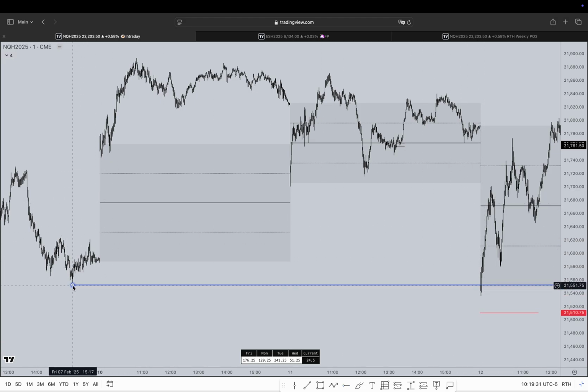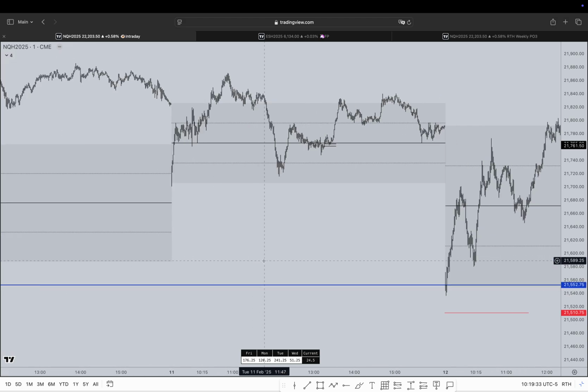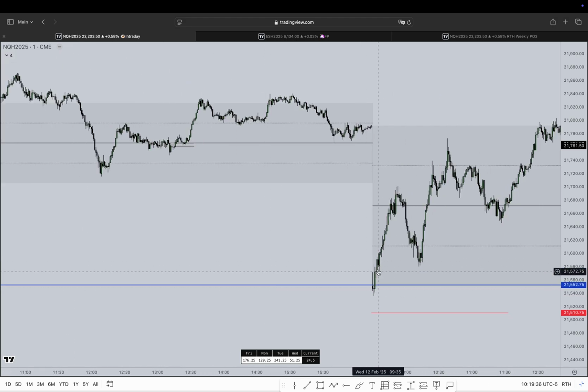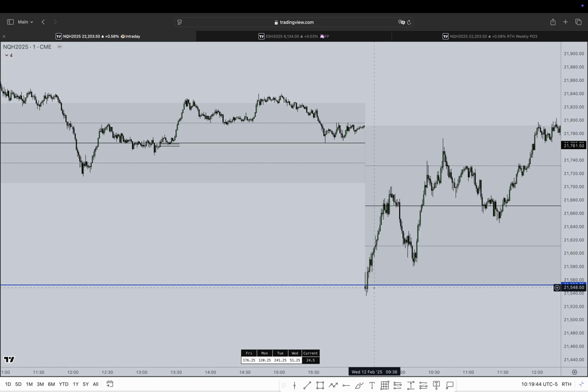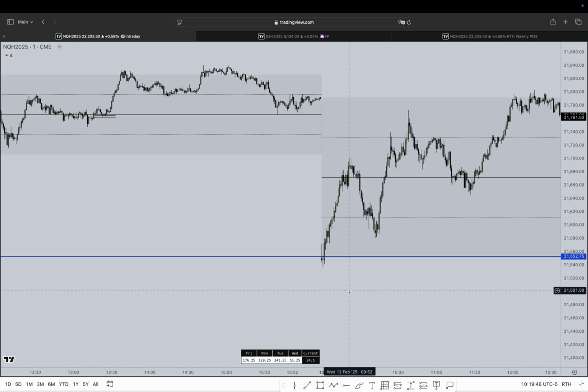We take this sell side liquidity from the regular trading hours gap, and we are expecting to rebalance at least the 50%. Sometimes it doesn't happen this fast. Many times you are going to see that price is engineering here and then trapping traders in shorts, and then price comes back again to the gap.